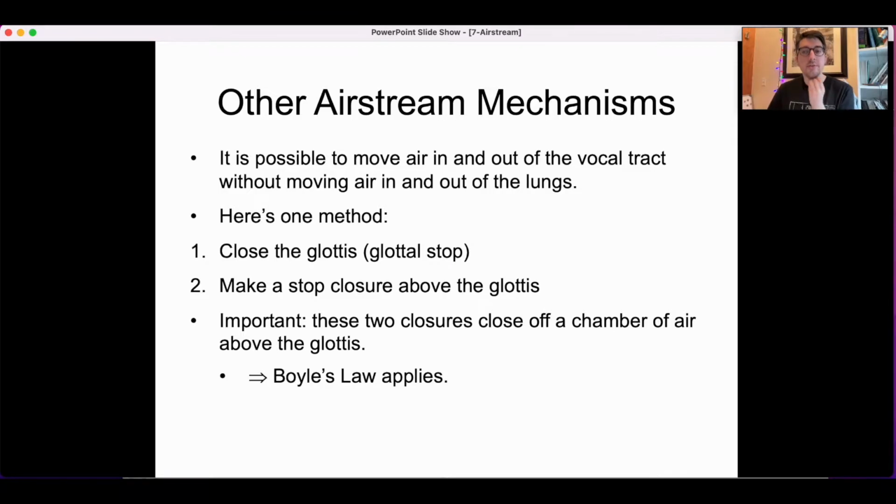You're closing off this larynx with your glottal stop, and then you're closing off your vocal tract. So basically, you're making a closed-off chamber, as if you have air in a jar with a lid, right? That's what you do with your vocal tract.